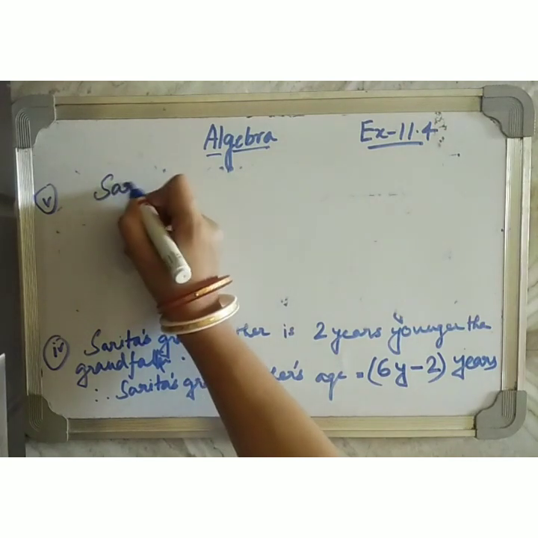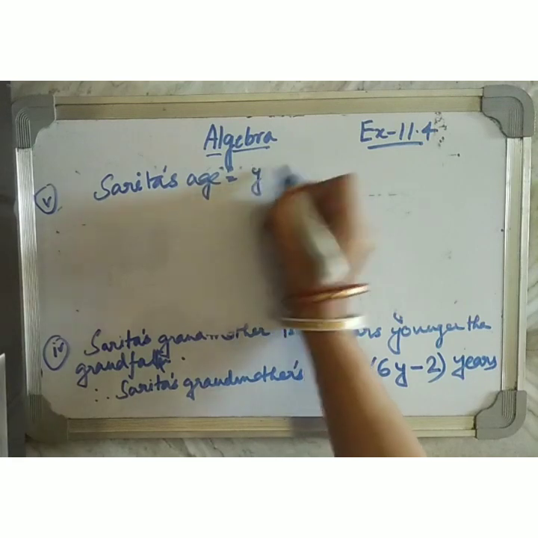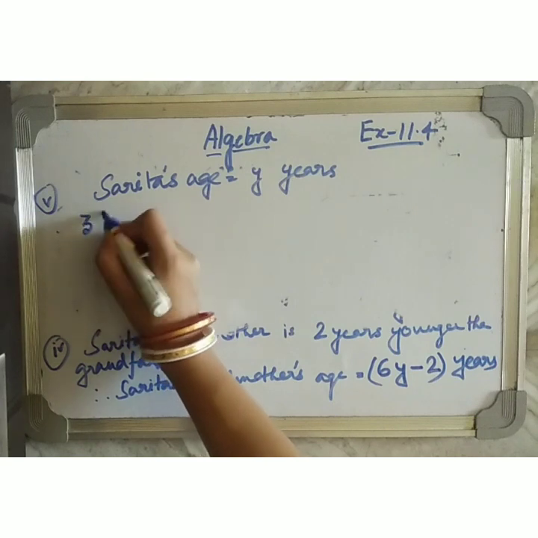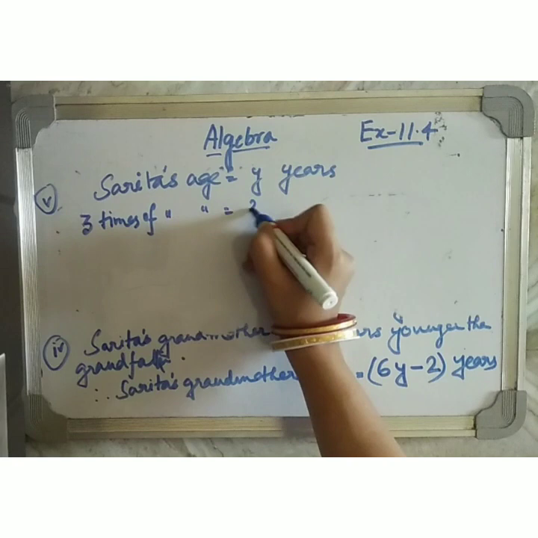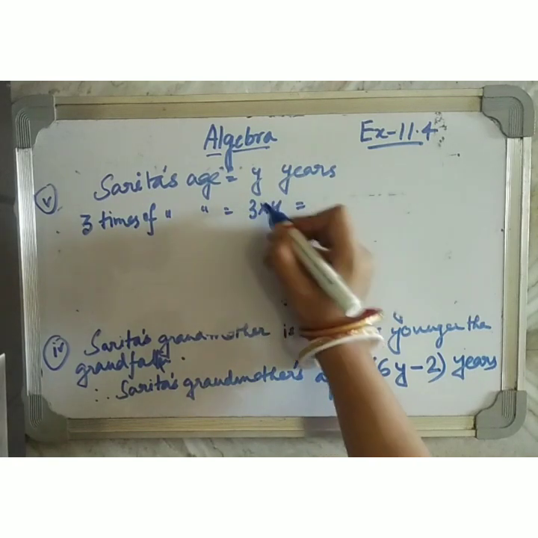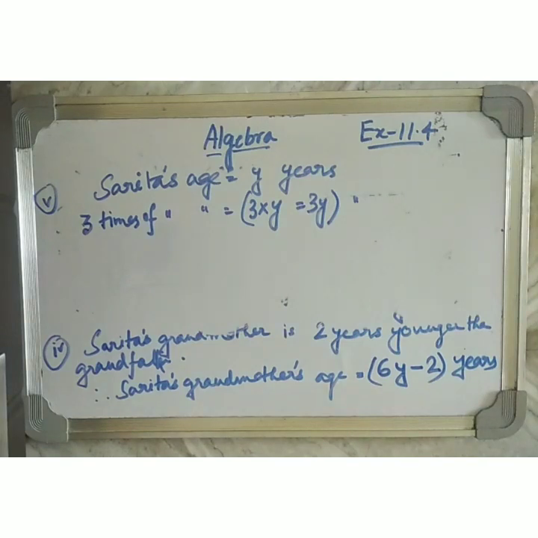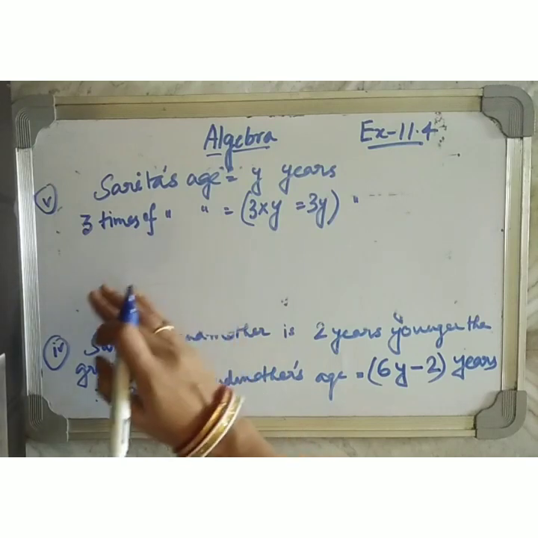So here I will write Sarita's age is equal to y years. It was written in the question. First we will find 3 times of Sarita's age, which is 3 into y, that is 3y years. 5 years more than 3 times of Sarita's age is the age of her father.